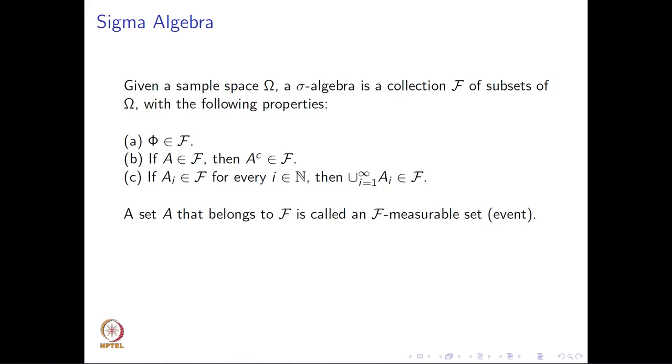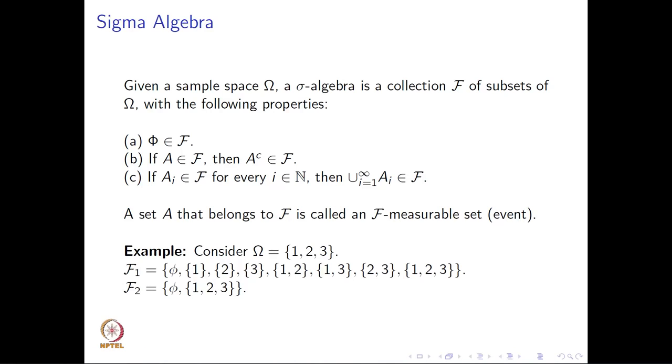So going back to the third property, what this essentially says is that if there are a number of events which belong in the sigma algebra, then the countable union of these events also belongs in the sigma algebra. Let us consider an example. Consider omega equals {1, 2, 3}. This is our sample space. With this sample space, we can construct a number of different sigma algebras.